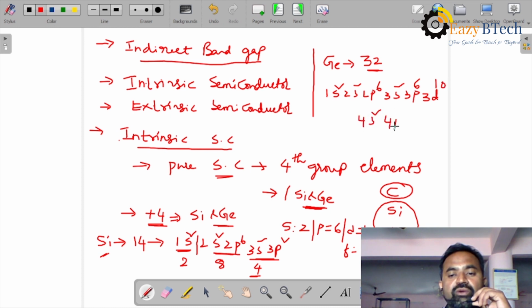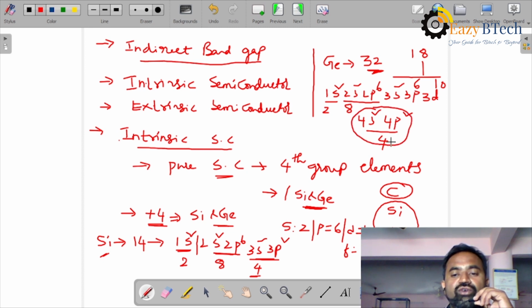Now if you count here, in the third shell you have 18, in the second shell you have 8 and the first shell 2. 2 plus 8 is 10, 10 plus 18 is 28, 28 plus 4 is 32. Okay, its outermost shell is the fourth shell, which has 4 valence electrons.